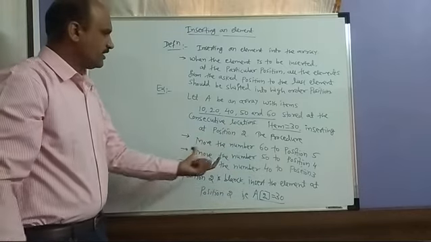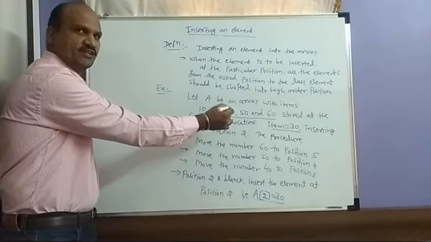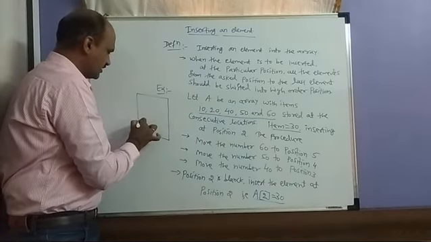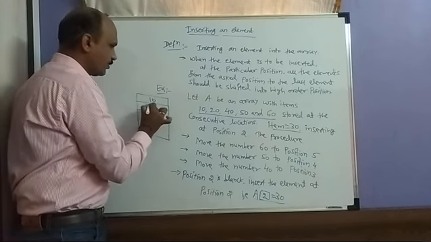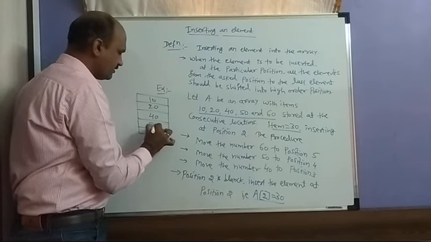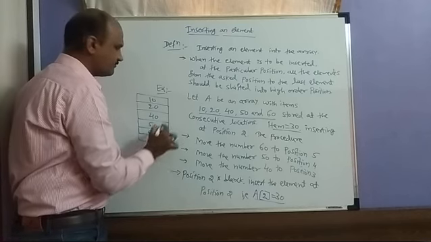So now if I draw the before and after of this insertion, this is before insertion. The elements present now are 10, 20, 40, 50 and 60 in your array.